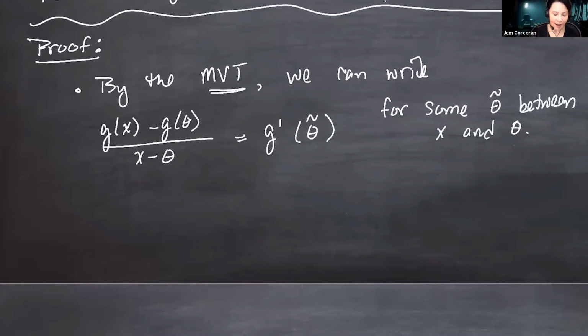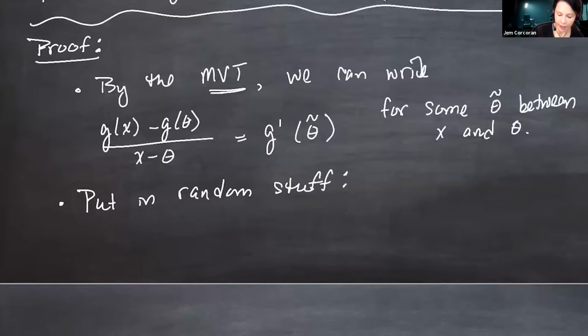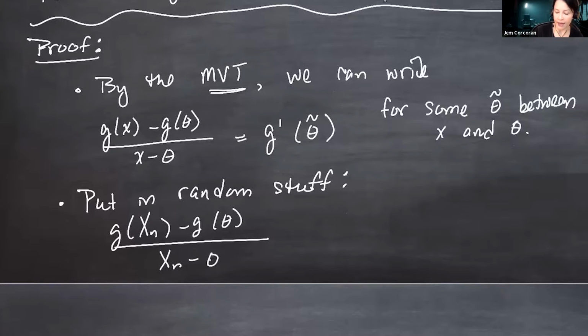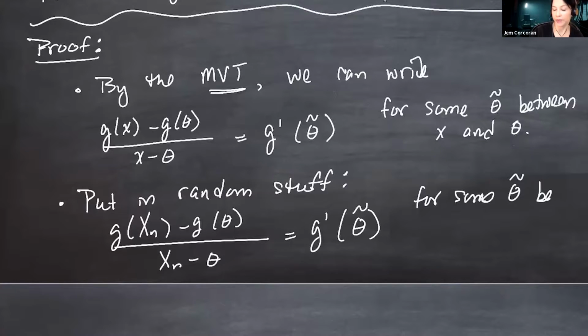Okay, so now I'm going to put in the random stuff. And so this is going to become (g of Xn minus g of theta), theta being a constant, over (Xn minus theta) is equal to g prime of theta tilde for some theta tilde between Xn and theta.